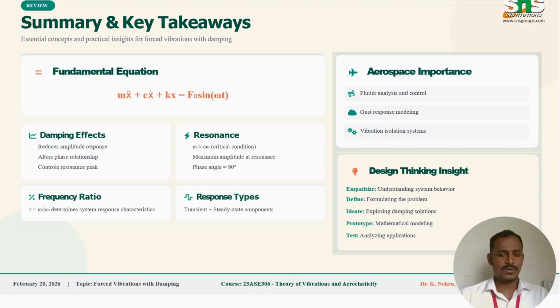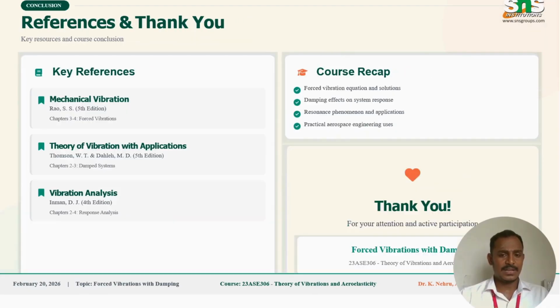This topic is very important for examinations like GATE and also for real aerospace applications. Finally, this course helps us understand what forced vibration is, its equation, the damping effects on the system response, and several practical applications in aerospace engineering.